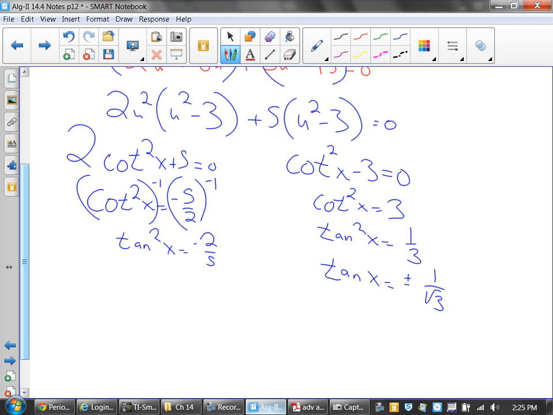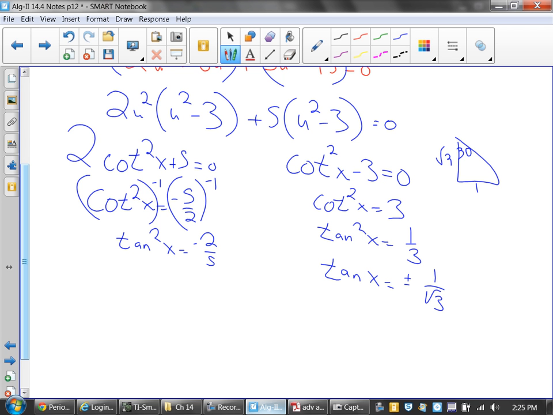What triangle is going to give me a tangent of 1 over root 3? Tangent is opposite over adjacent, so wouldn't that be at pi over 6? And the 30? Opposite over adjacent, 1 over root 3.